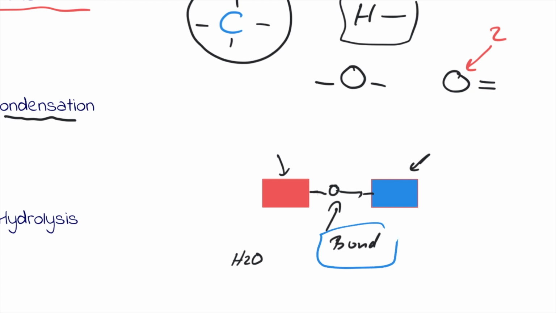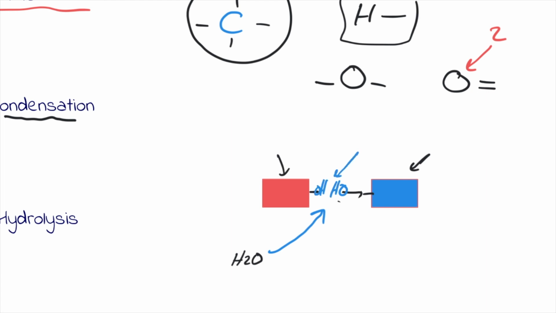So look at the way I'm going to do it. It's just going to be opposite to what I've done earlier. I add water here. Instead of removing water, I'm going to add water. When I add water, this means I've broken the bond. So the oxygen goes here on the right, and OH is on the left.